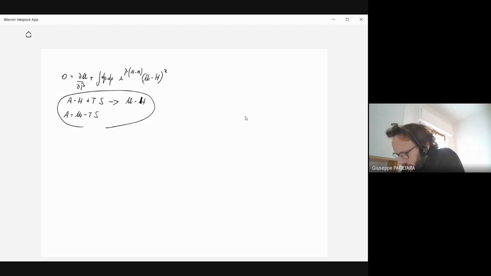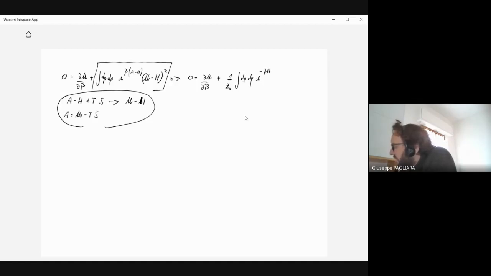Okay. Now, this is telling me that the derivative of u with respect to beta plus this quantity can be interpreted as follows: it is 1 over z of c times the integral over dp dq of e to the minus beta h (u minus h) squared.